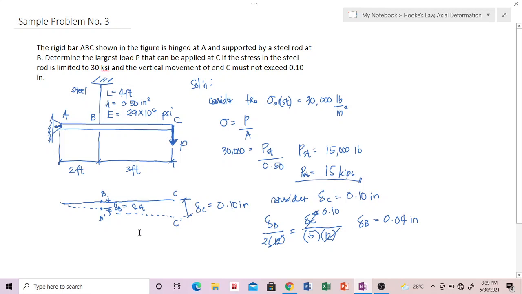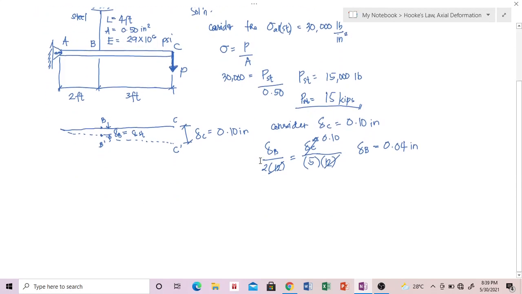So, we may equate the deformation formula: the deformation of steel is equivalent to the displacement of B. Okay, so we have PL over AE of steel equivalent to 0.04 inch.